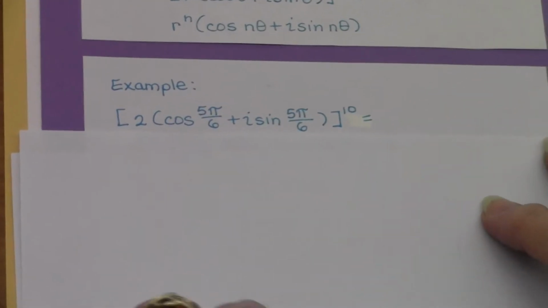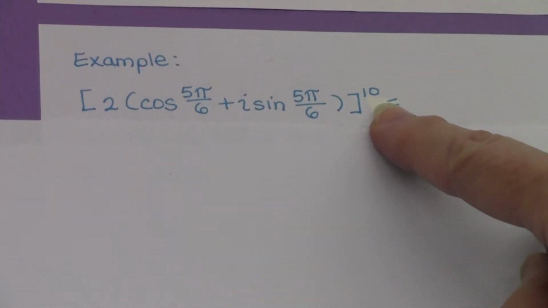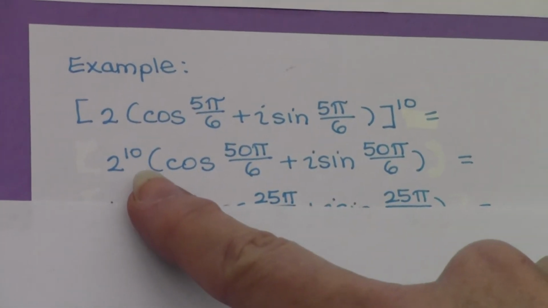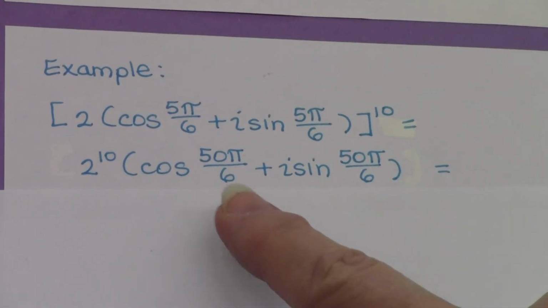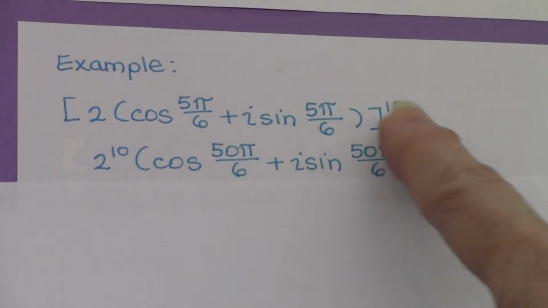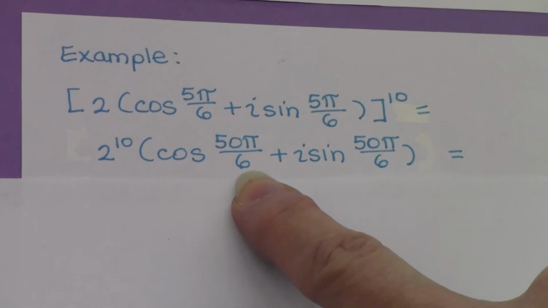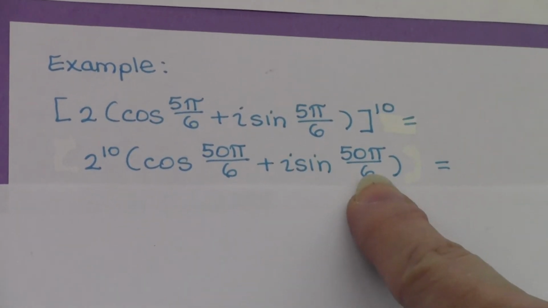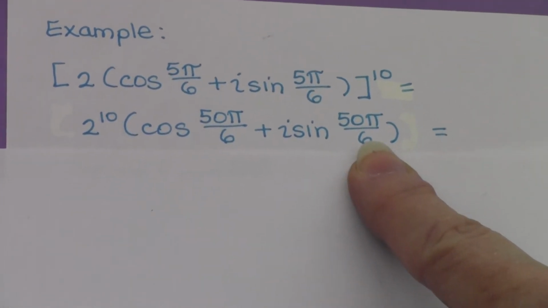Definitely not something I would want to do in a plus bi form, but easy enough in polar form. So the first thing I'm going to do is take the 10th power and use that on my r value, so 2 to the 10th power, and then I'm multiplying my angle. Multiply 5 pi over 6 by 10. That gives us a very whopping big angle of 50 pi over 6, in the cosine term and in the sine term.